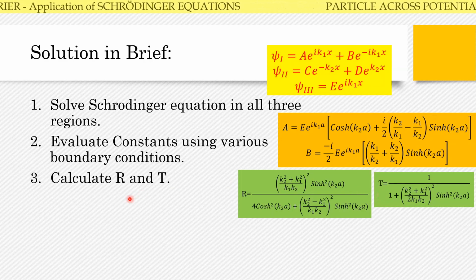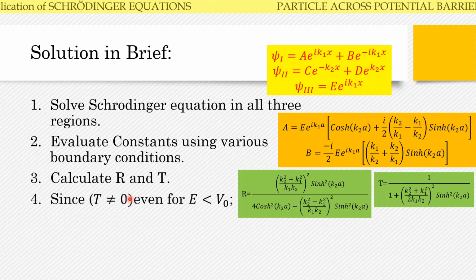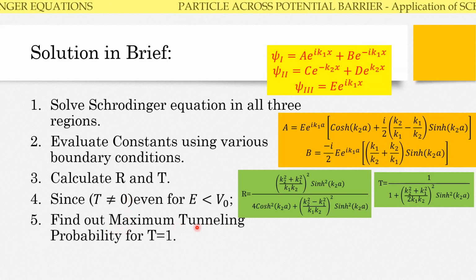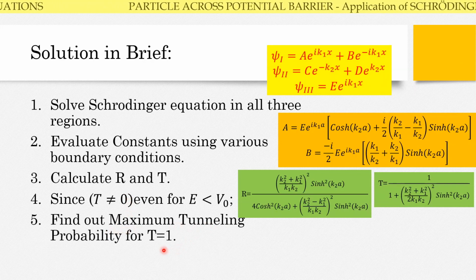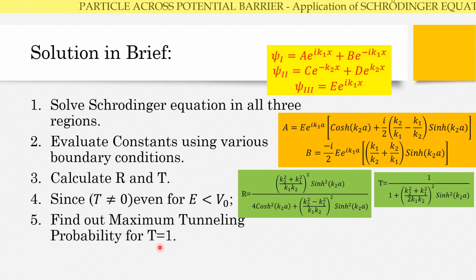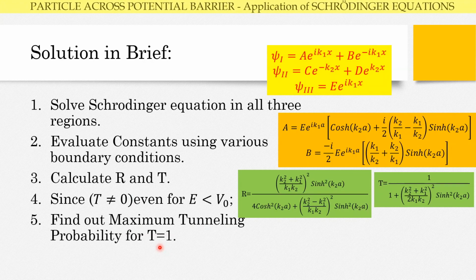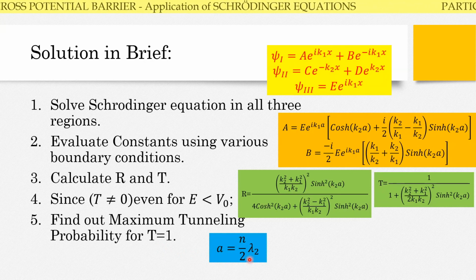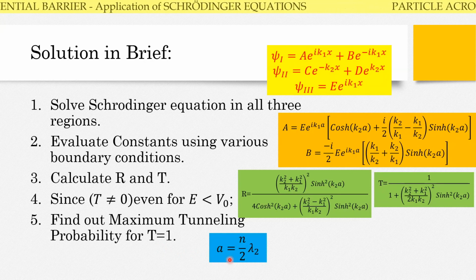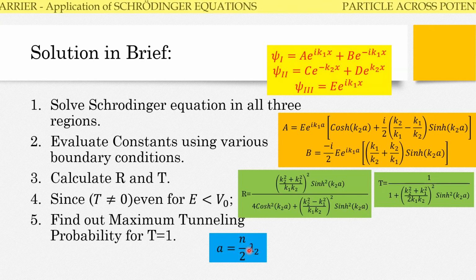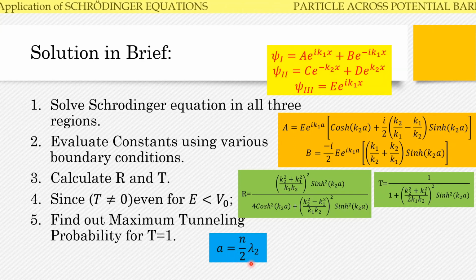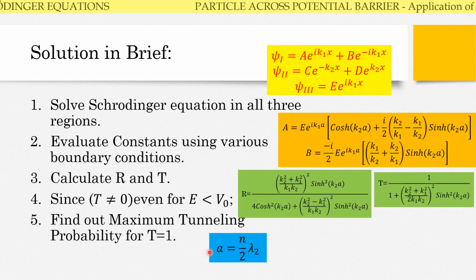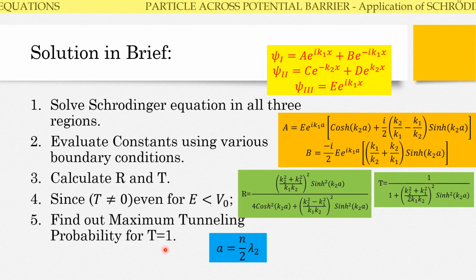We see that there is a tunneling effect, and for this, in the final step, we calculated the condition for maximum tunneling, that is for the transmission to be 100%, and the condition comes out to be a equal to n lambda 2 by 2, which means that the width of the potential barrier must be n lambda 2 divided by 2. When this is the potential barrier width, the transmission will be 100%.